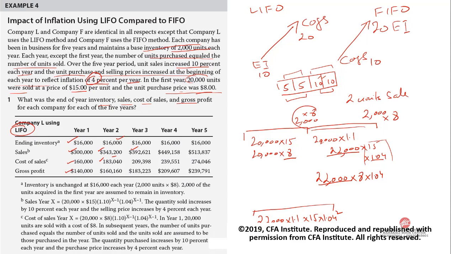Initially the cost was 8 and it is also growing by 4%. So 22,000 multiplied by 1.1 into 8 into 1.04 into 1.04, that is 209,398. And if you look, this is the amount we purchased and this is the amount we sold, exactly the same amount. Hence we are again left with 2,000 multiplied by 8, that is 16,000. This process will continue till year 5, and this is for last in, first out.